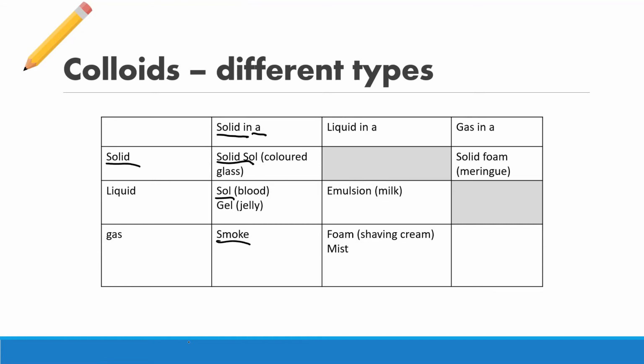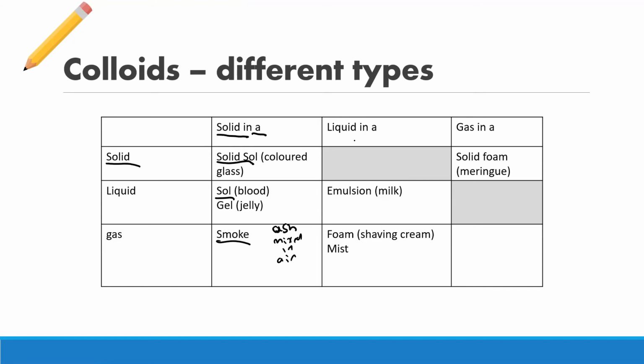In smoke, you've got the solid, which is like tiny bits of wood ash, and the ash is mixed with air. And just like the other rules, if you get enough smoke, you can't see through it because it doesn't mix, it doesn't dissolve.